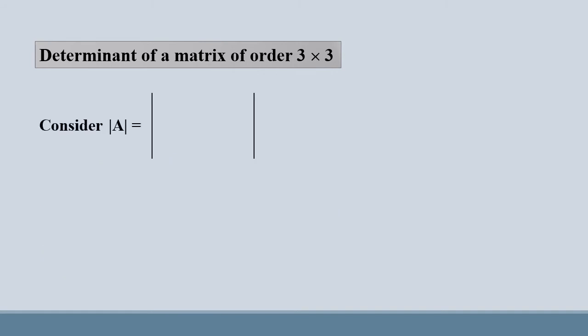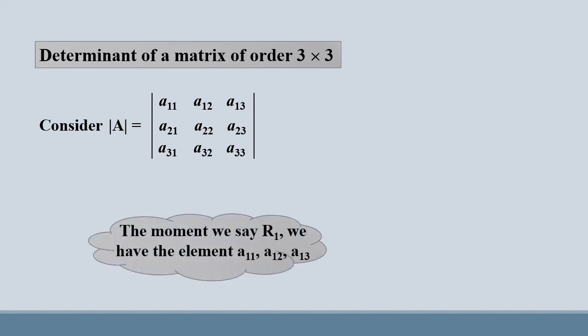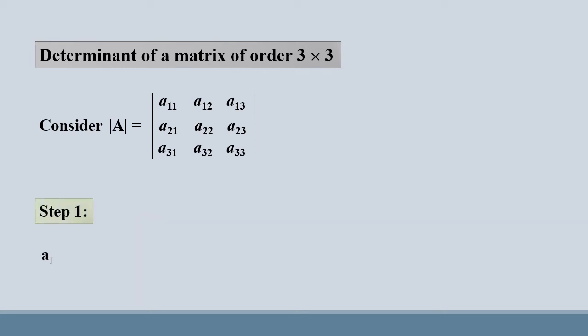So we consider the determinant A11, A12, A13, A21, A22, A23, A31, A32, A33. First we will try to expand it using the elements of the first row. The elements of the first row are A11, A12, A13.